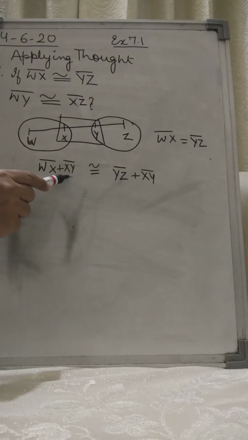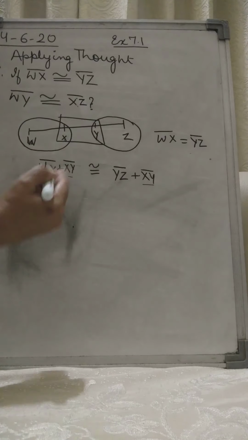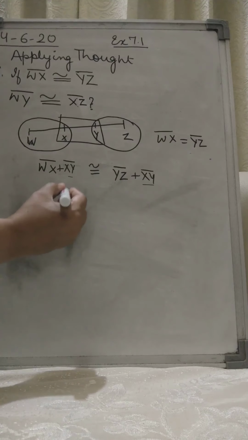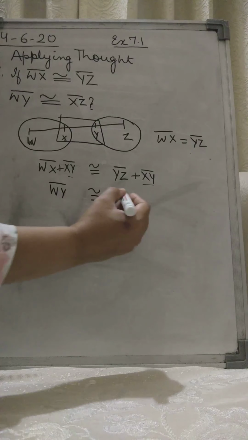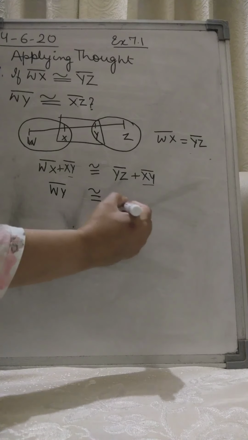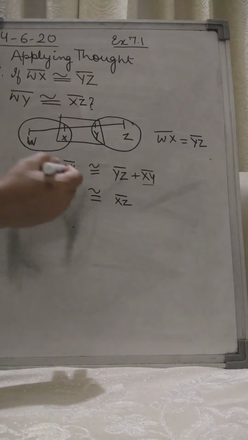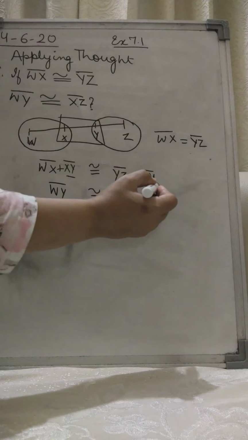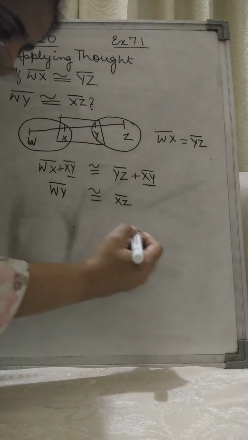If you add same thing to both the line segments, then that new length, that is WY, will also be congruent to XZ, because same length is added on both the sides.